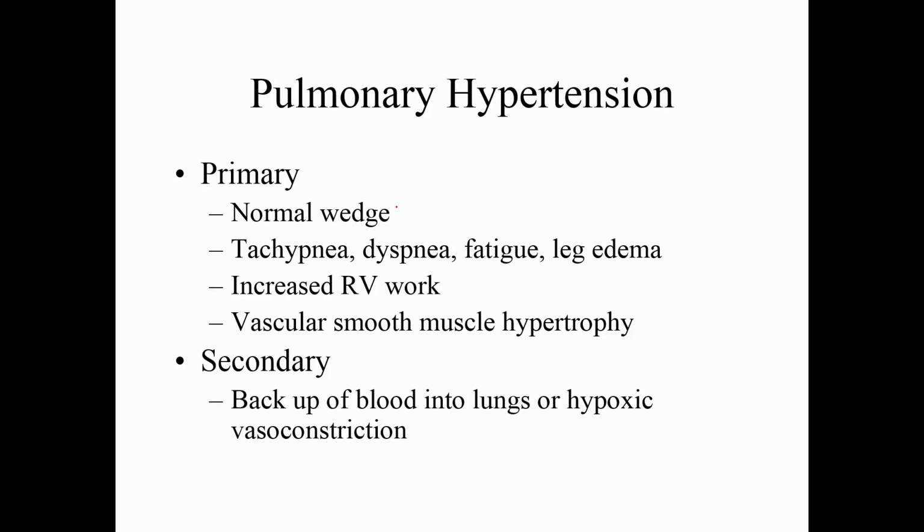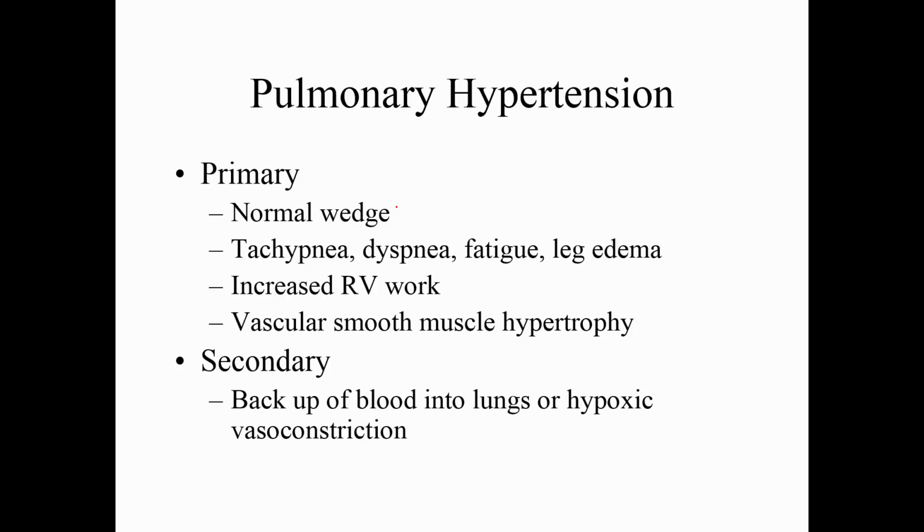Certainly they would feel tired because they're not oxygenating well. There could be backups into the systemic system, and so you'd expect edema of the peripheral structures like the legs, and increased afterload on the right heart.